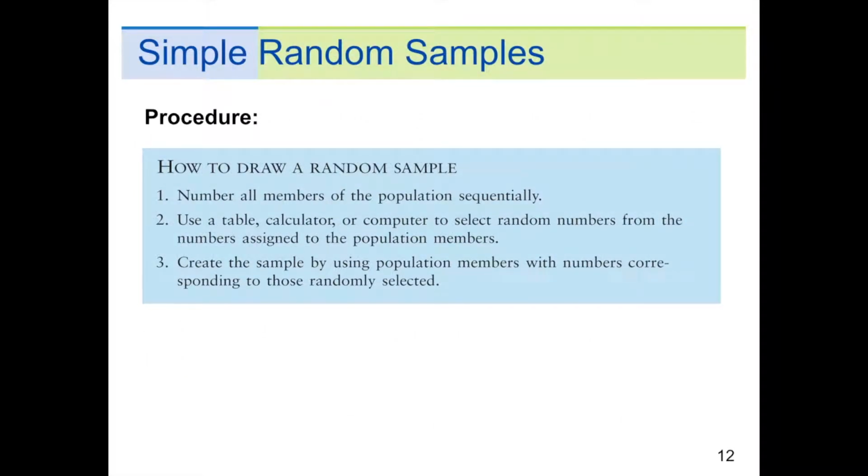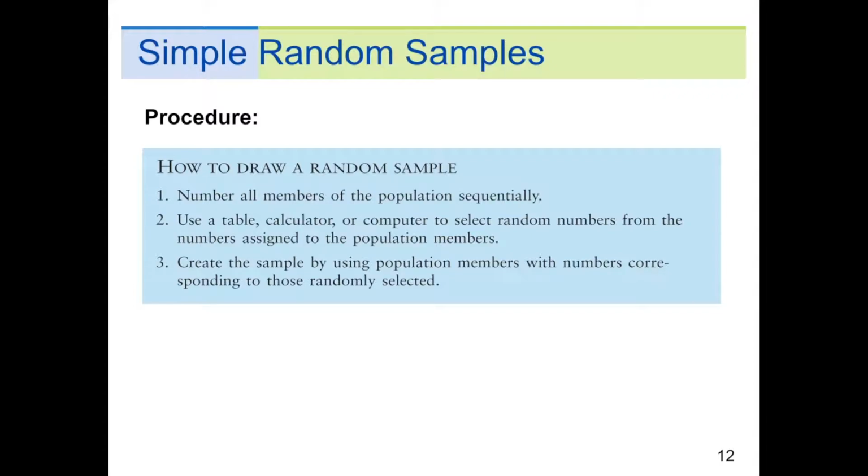So, quick review of the procedure and how to draw a random number sample. Number all the members of the population sequentially. Use a table, calculator, or computer to select random numbers from the numbers assigned to the population members. So we're going to learn how to use a table as we just did, but also there are other ways such as using a calculator.